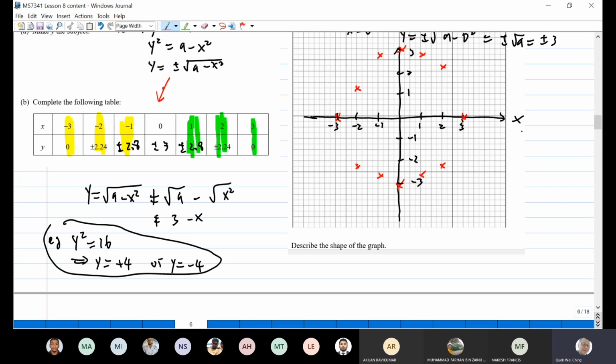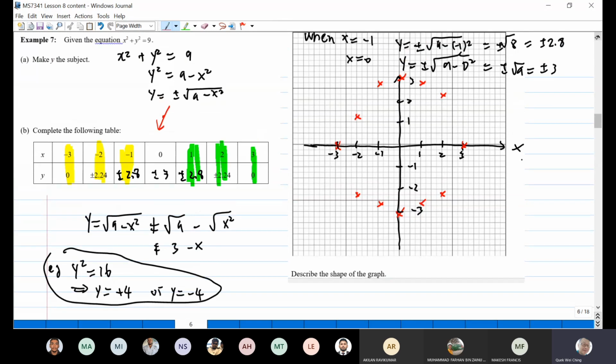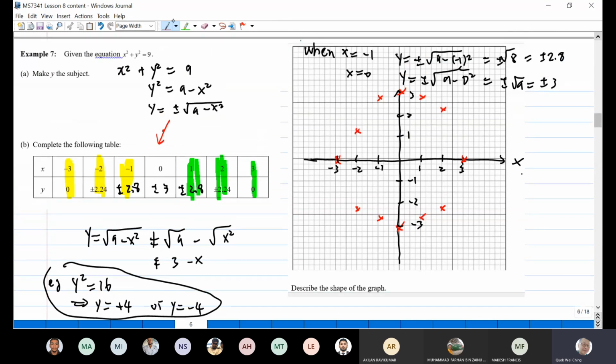So you get something that looks like a circle, everything looks like a circle here. So let's join them together. We use a different color so I can join them.